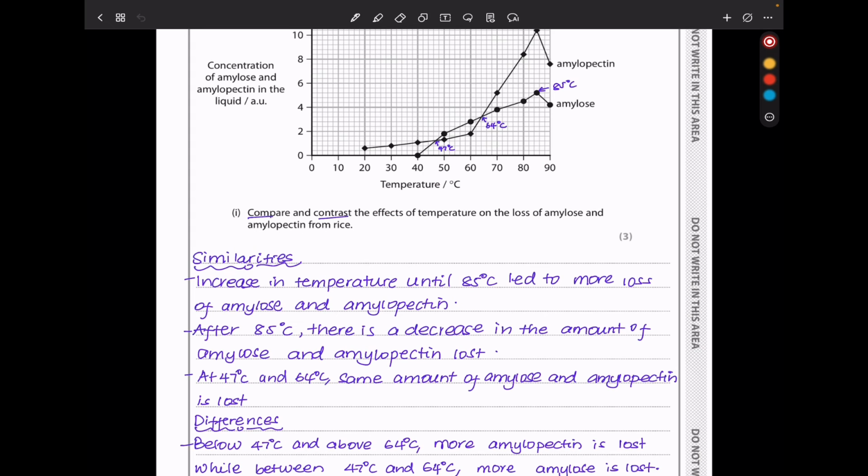They say compare and contrast the effect of temperature on the loss of amylose and amylopectin from rice. So here the similarities I wrote: increase in temperature until 85 degrees led to more loss of amylose and amylopectin. However, after 85 degrees Celsius, there is a decrease in the amount of amylose and amylopectin lost. At 47 degrees Celsius and 64 degrees Celsius, the same amount of amylose and amylopectin is lost.